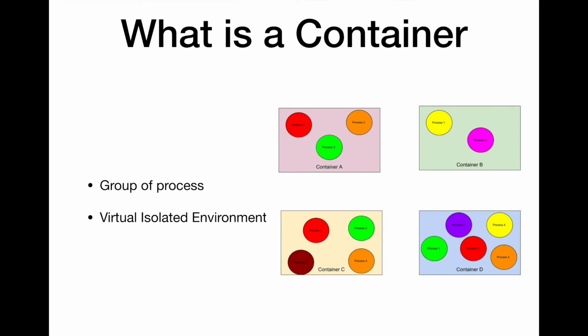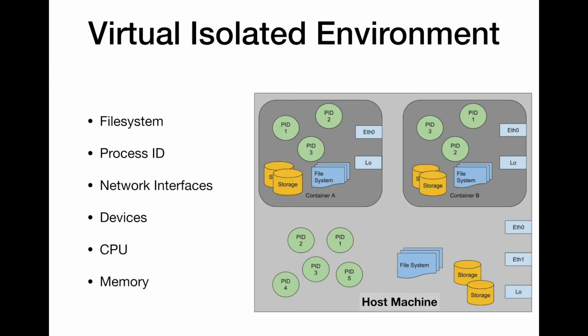We already saw that containers are nothing but a group of processes running in a virtual, isolated and sandboxed environment of their own. The virtual isolated environment has a file system of its own, process ID numbering scheme of its own, has network interfaces of its own, devices, CPU and memory of its own. In the picture on the right, we have two containers running on the host machine. Each container has a file system, process ID, network interfaces, and storage disk of its own in the virtual environment.